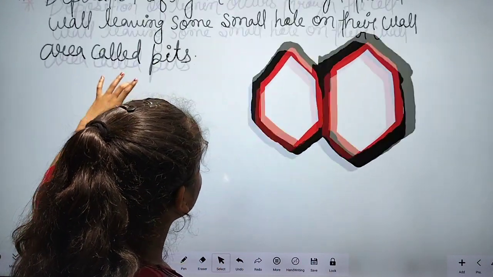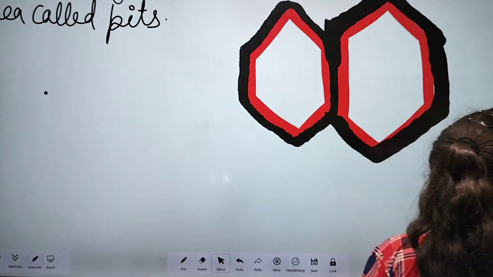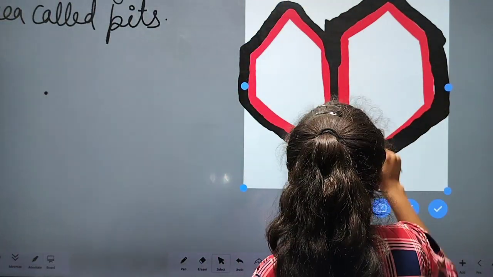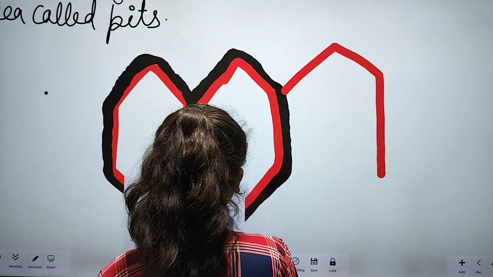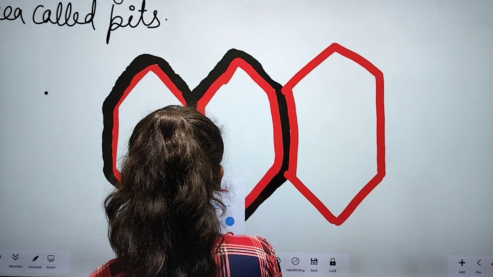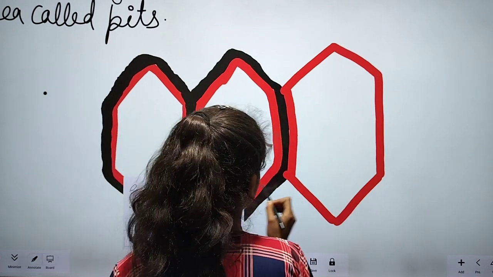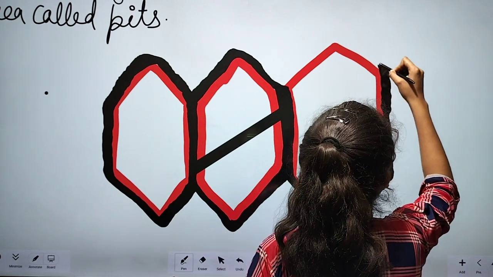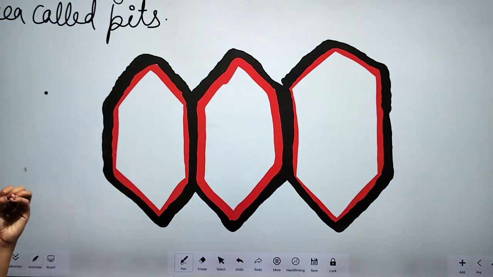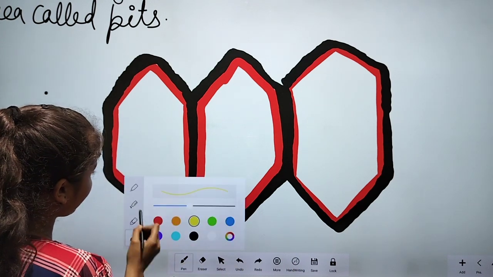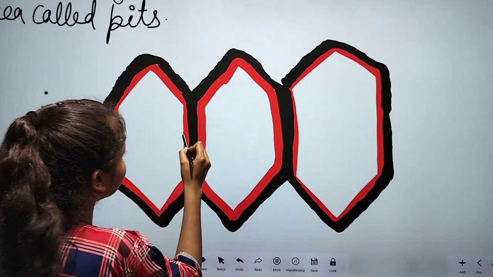Okay, suppose that with any reason this lignin decomposes, so they form a pit-like structure to pass the material from one cell to another.